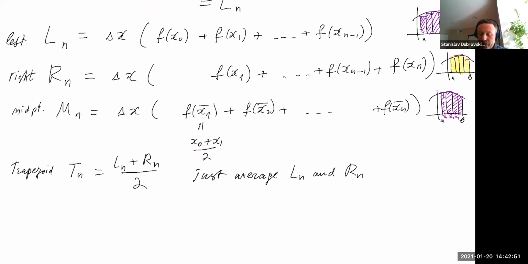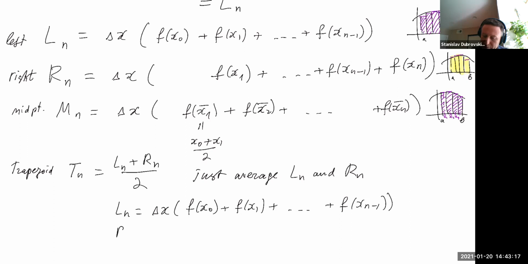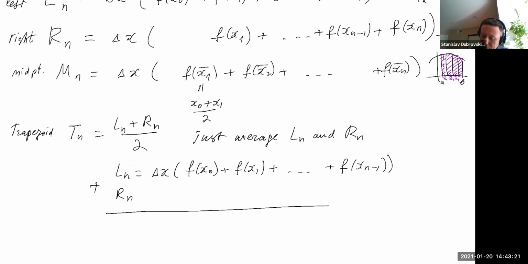Okay, very good. We can easily write the formula, right? If we do the average here, pay attention to L_n. Let's redo the whole formula: f(x_0) plus f(x_1) plus dot dot dot f(x_{n-1}), and the right-hand rule. All we have to do is add them and divide by 2.